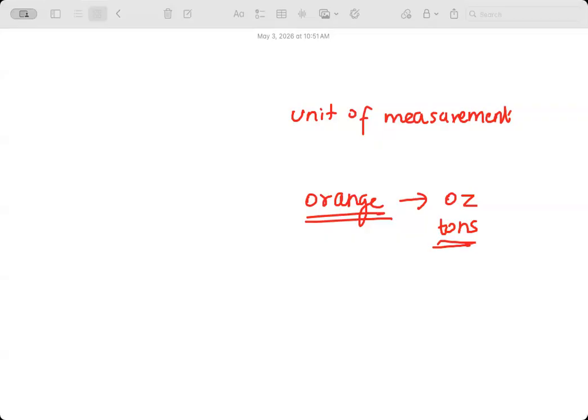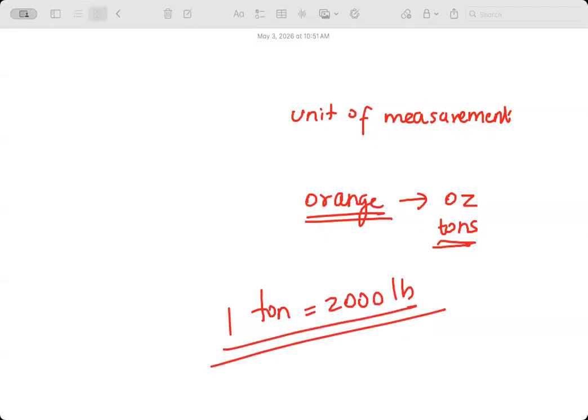1 ton is 32,000 ounces. Really? 1 ton in pounds, do you know? I have to check. 1 ton is 2,000 pounds. 32,000 ounces is correct. But I like this way of saying it: 1 ton is 2,000 pounds.